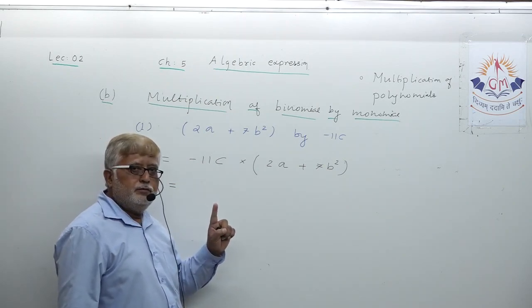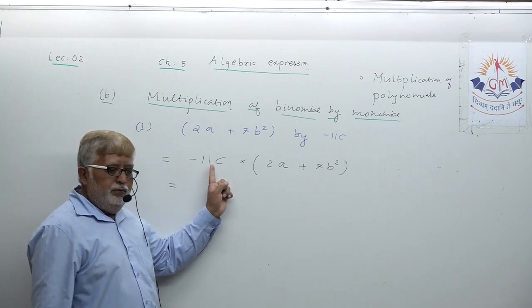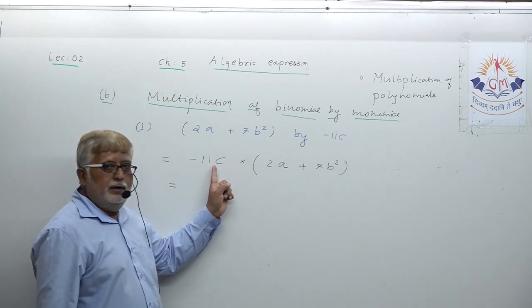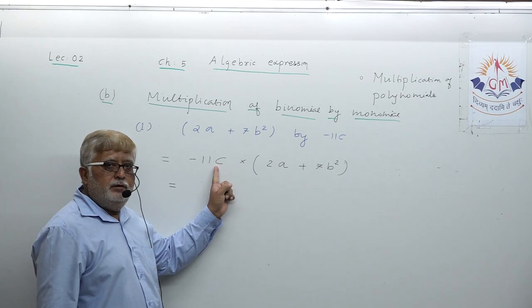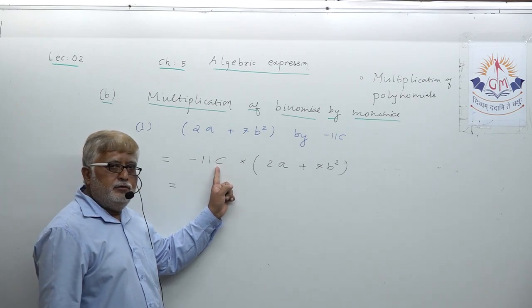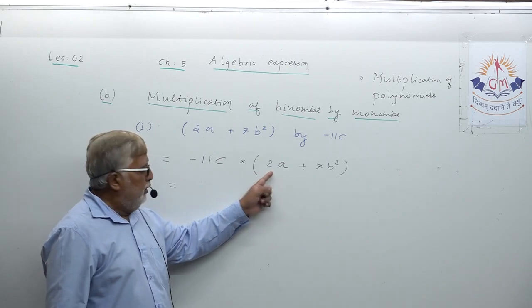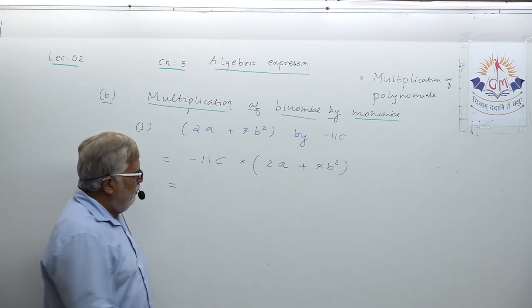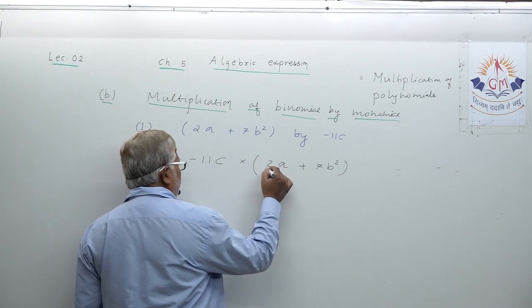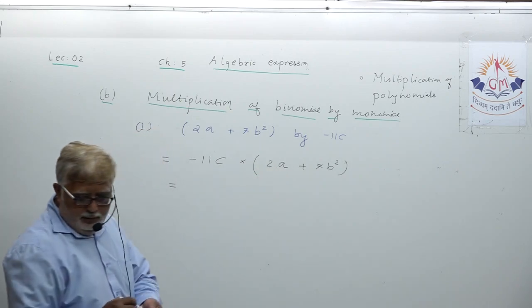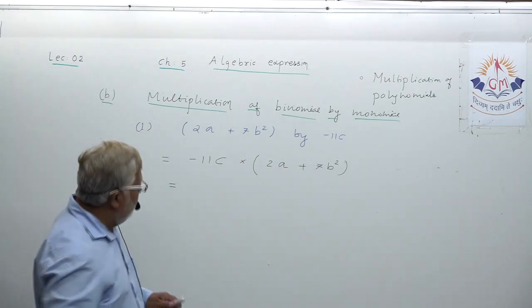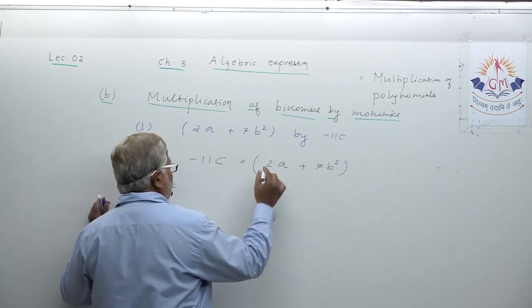First, you will multiply minus 11c with 2a only. Your concentration needs to be on this only, dear student. Complete concentration has to be here only.